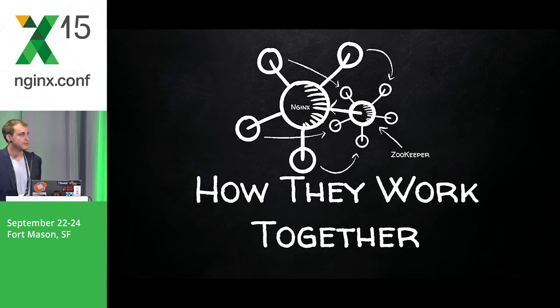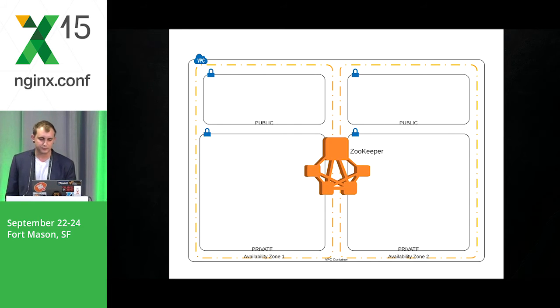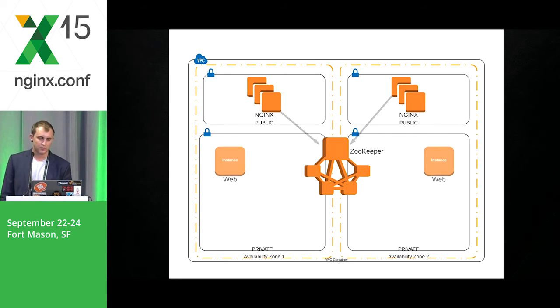So how do these systems work together? You guys like diagrams, right? Great, I do too. So here we're going to stand up Zookeeper. We're going to build our NGINX boxes. NGINX will check into Zookeeper. We've got our web layer. Again, it checks into Zookeeper.